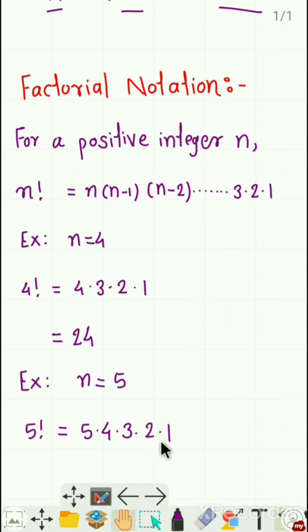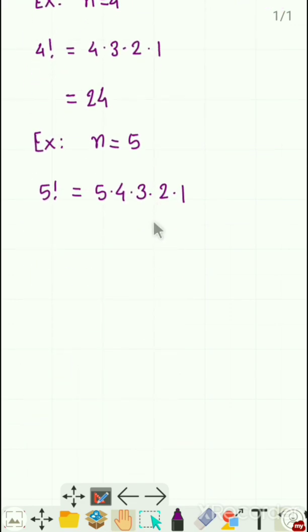The product of all these numbers is 120. So 5 factorial is 120.